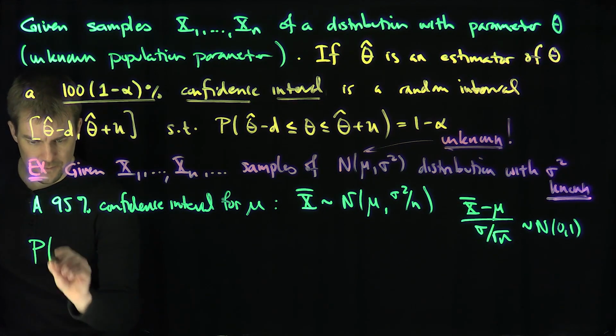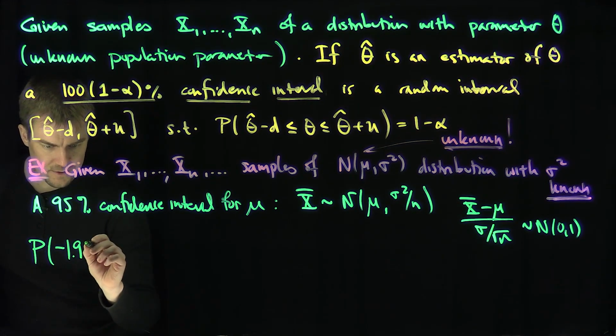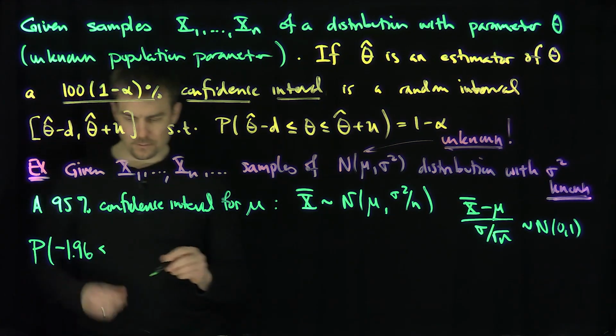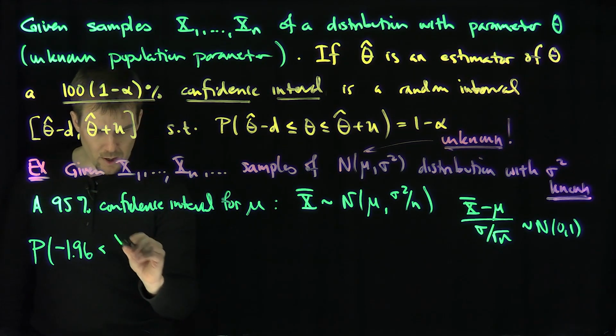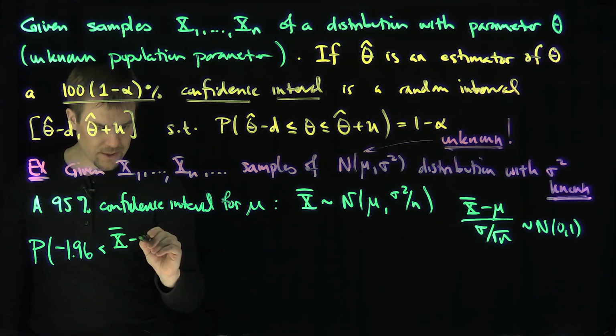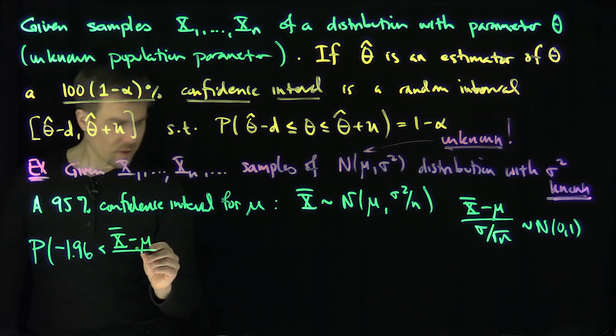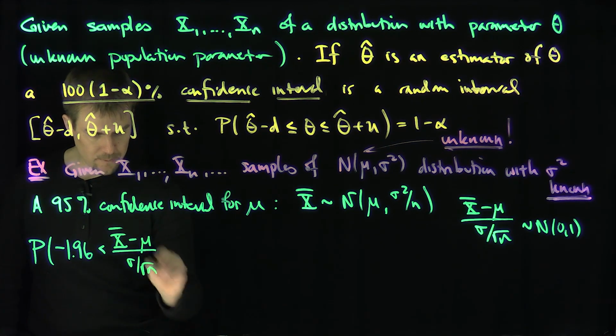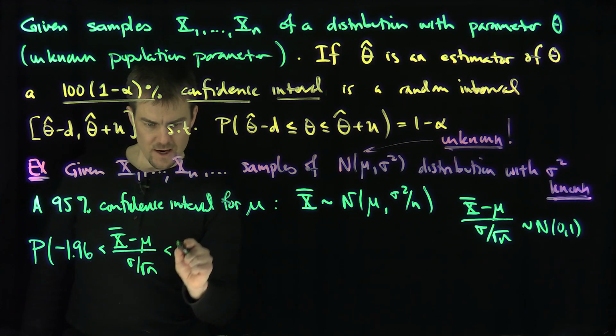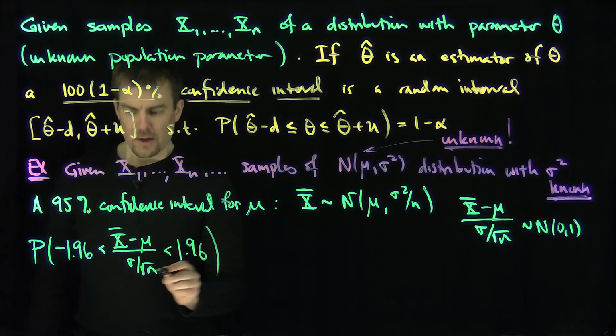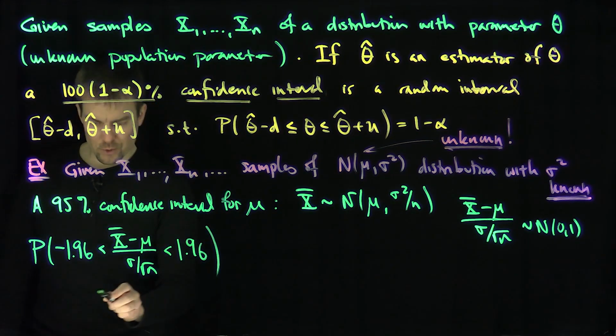I know the probability that negative 1.96 is less than x bar minus mu over sigma over square root n, less than 1.96. These come from the standard normal distribution.